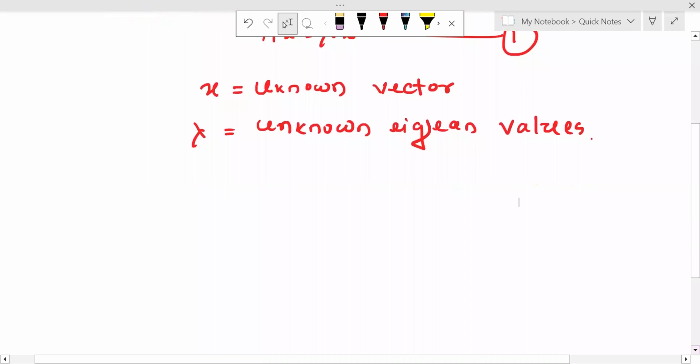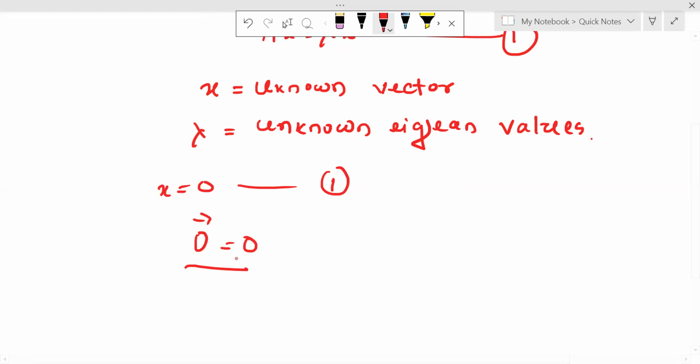That belongs to the zero vector. When we substitute x in equation 1, then 0 is equal to 0. That is the zero vector. So this is of no practical interest. There is no solution.